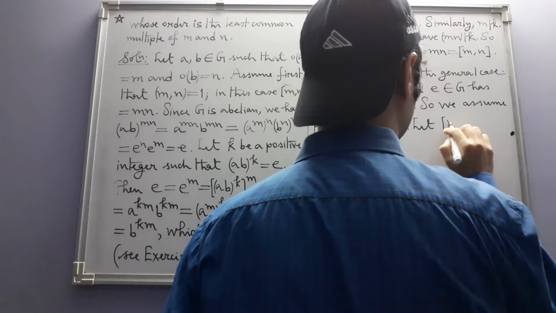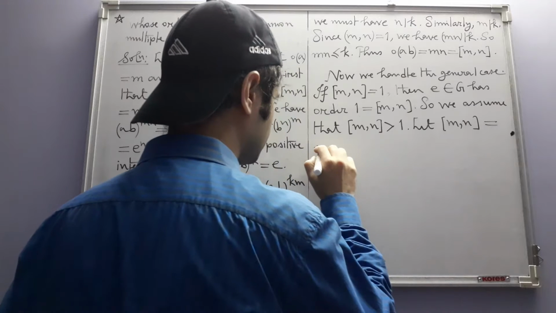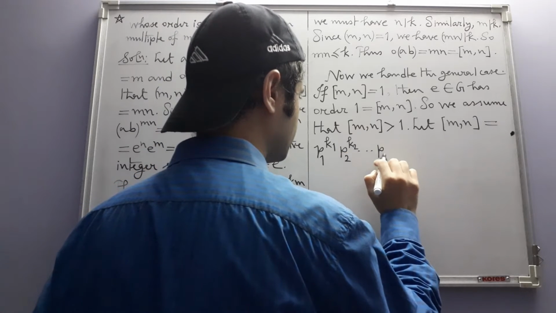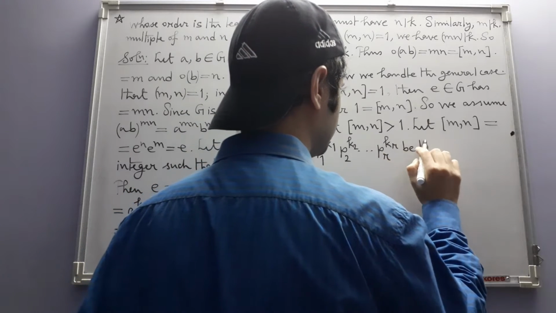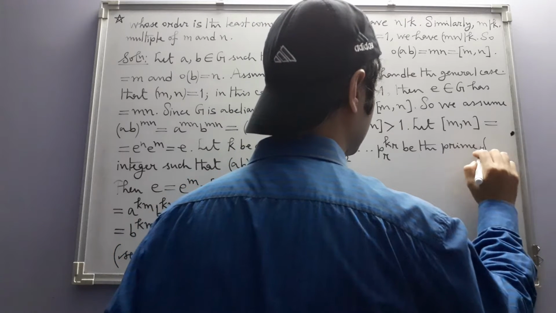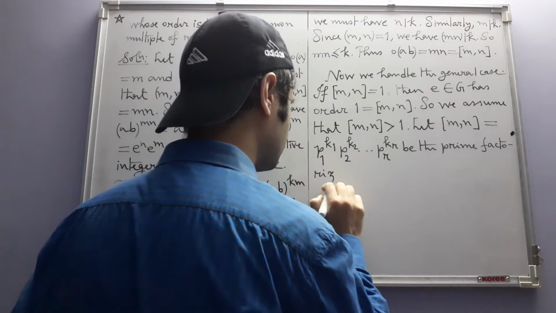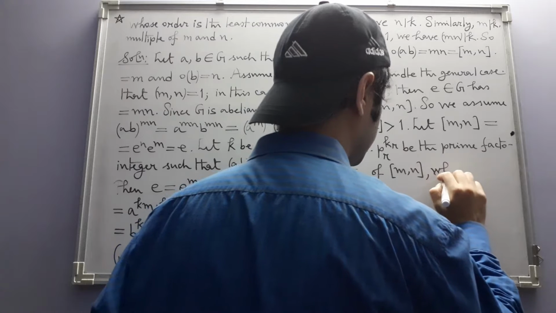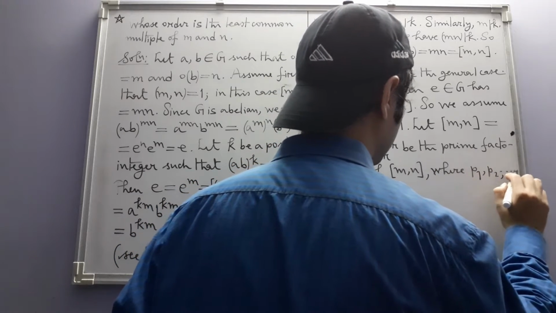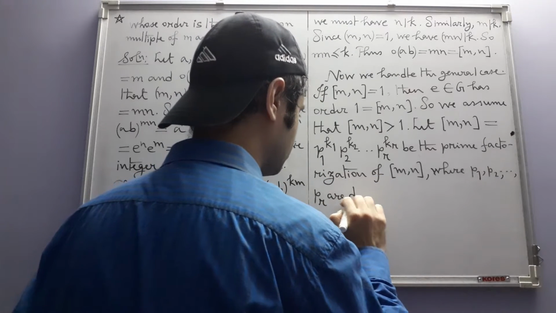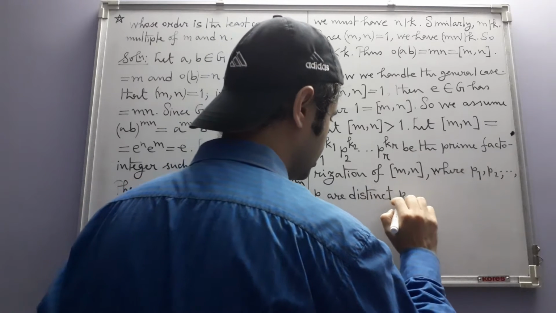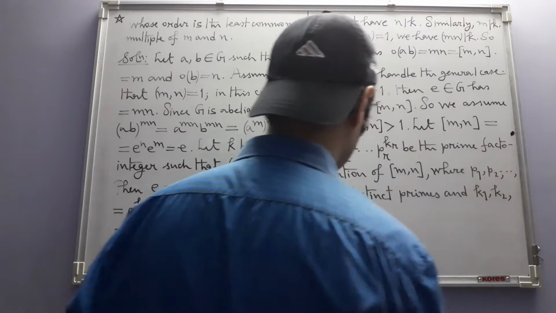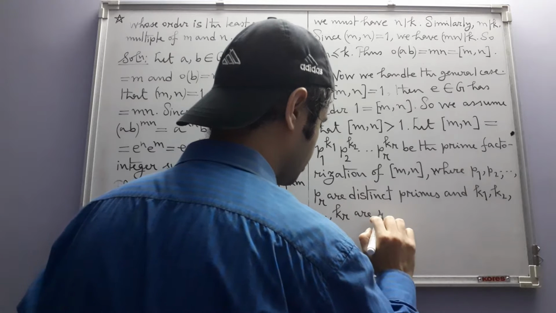Let this equal to p1 to the power k1, p2 to the power k2, pr to the power kr be the prime factorization of this LCM, where p1, p2, these are distinct primes and k1, k2, etc. these are positive integers.